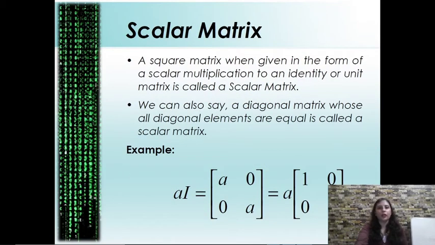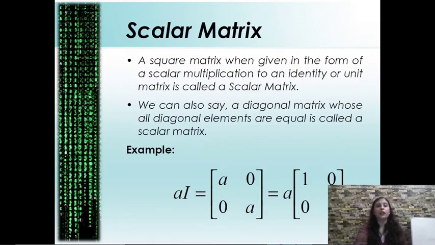Next, we come across the scalar matrix. Okay, what do we mean by scalar matrix? In fact, actually, it is a scalar multiplication. We take a square matrix, anything we can take. Now we simply multiply a particular scalar with all the elements present in the matrix. So then we say that it is a scalar matrix.